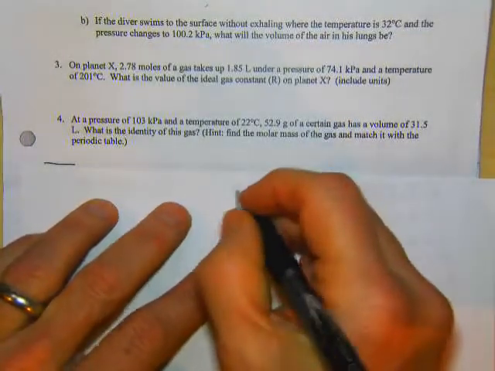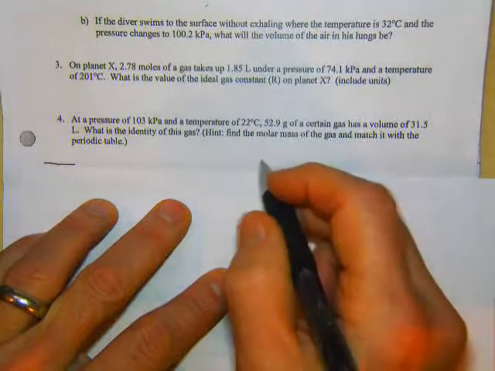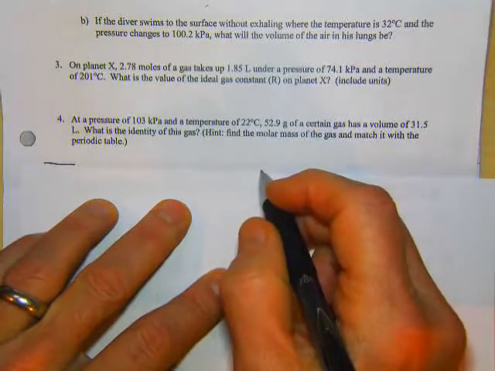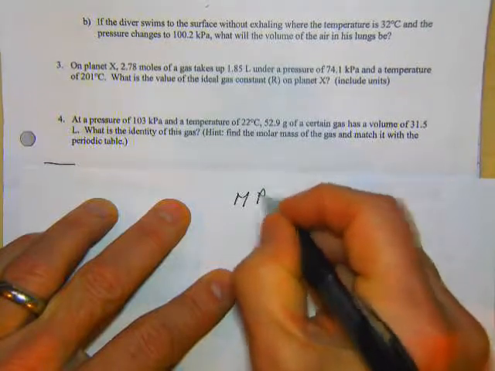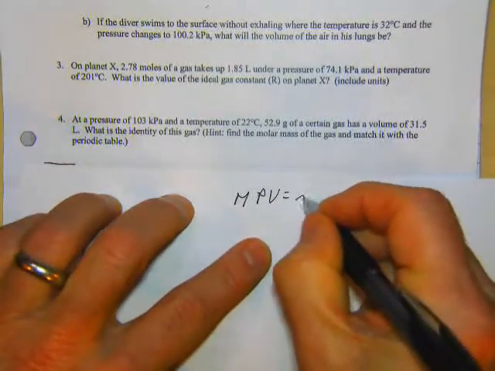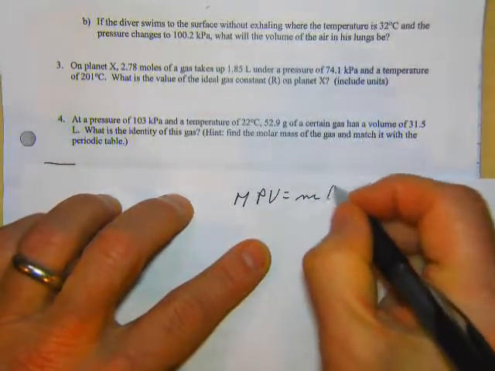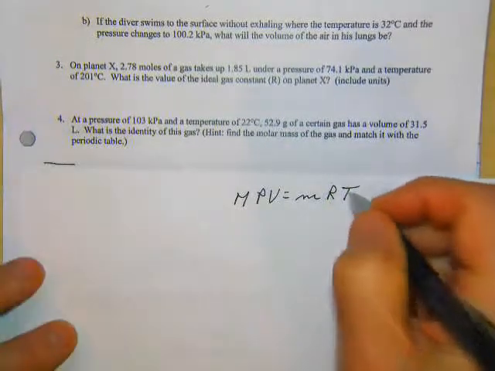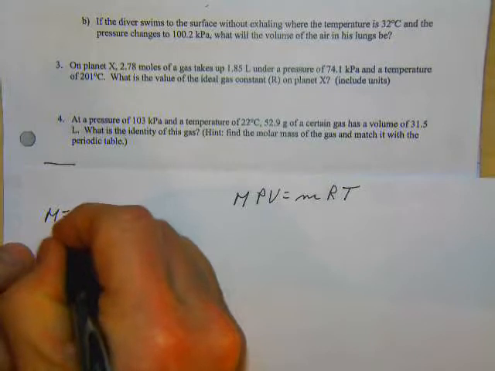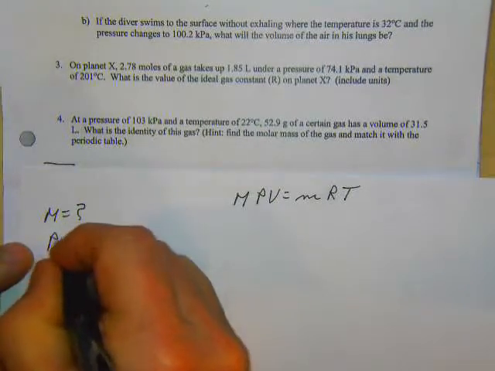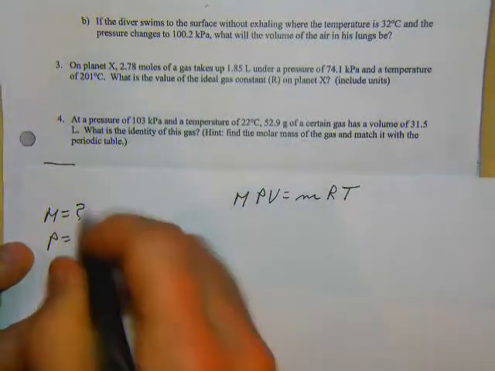So we're going to need to use the secondary formula of the ideal gas law, which is the molar mass, pressure, volume, equals the mass of the gas, gas constant, and temperature. So we want to find the molar mass. We don't know that. Pressure, we have 103.